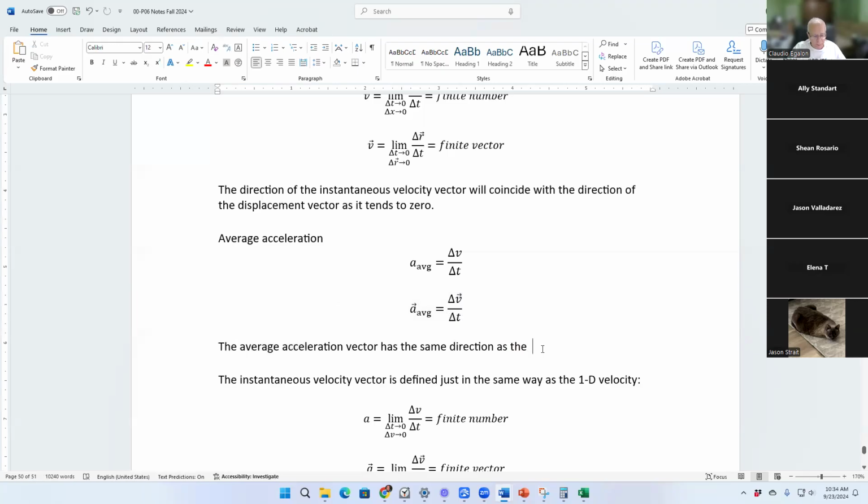A scalar doesn't have any direction, right? As the delta v vector, which, by the way, is v final minus v initial.